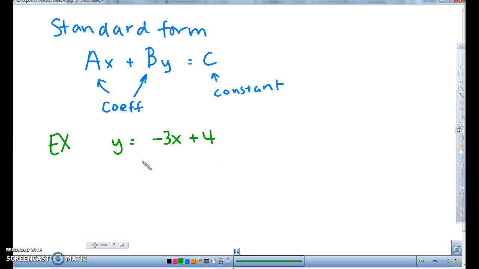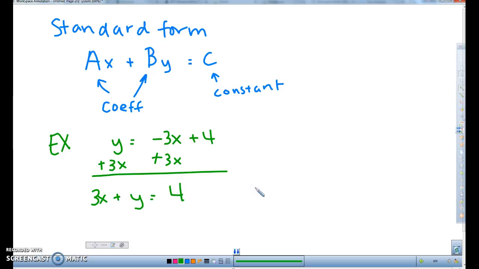Okay? And I want to get it into the standard form, which is this. So if you notice, in standard form, x and y are on the same side of the equation. So I need to add 3x on both sides. So that should give me 3x plus y equal to 4. And I now have it in standard form.